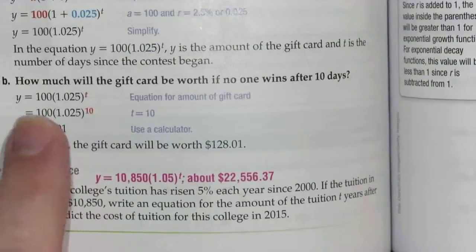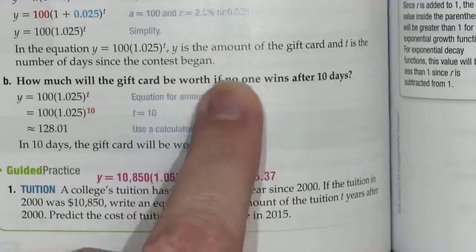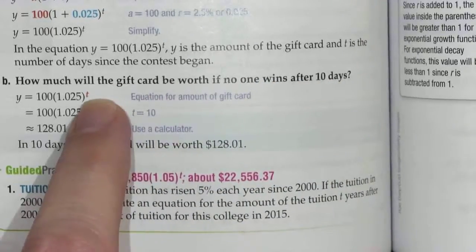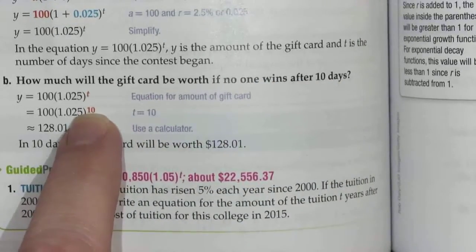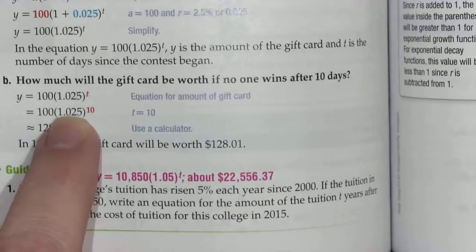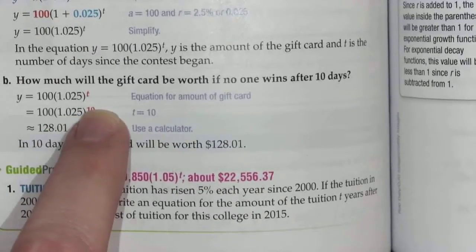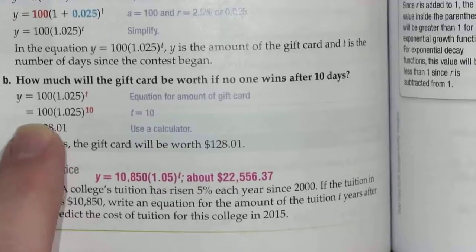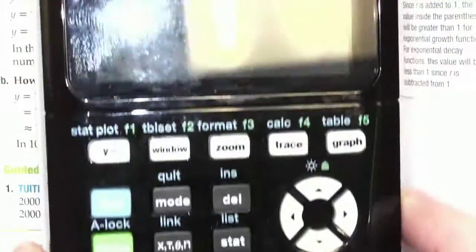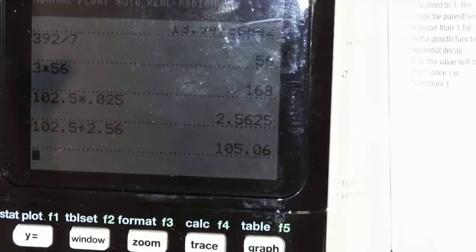Now, it says, how much will the gift card be worth if no one wins after 10 days? We put 10 in there for the number of days. And now don't forget, we're taking this to the 10th power first, and then multiplying it times 100. So let's see what this would look like.